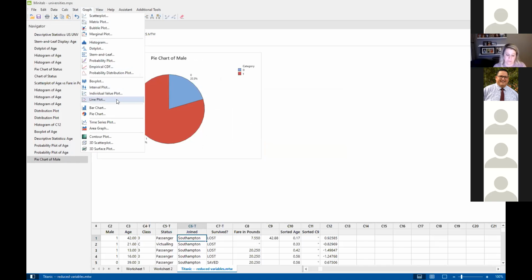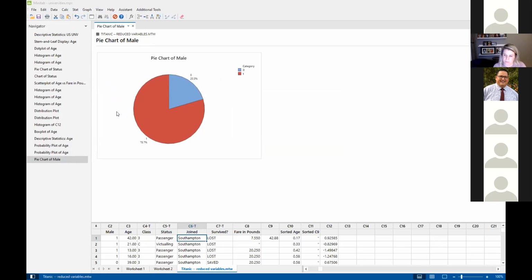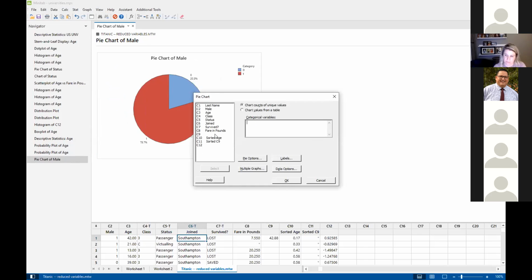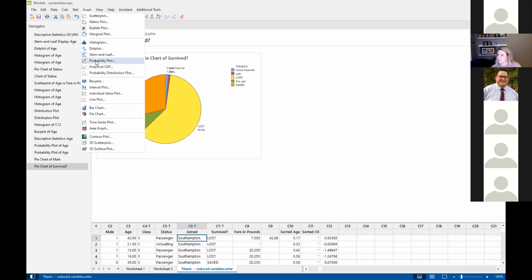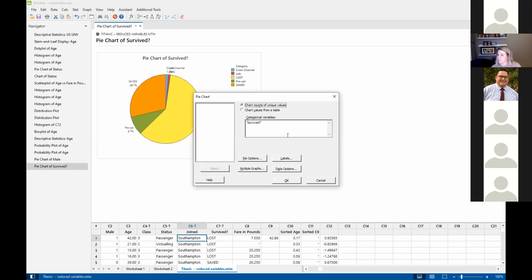So go under Graph, pie chart, and I use joined, not joined, status, survived. This is the survived option. You have the percentage of saved people, 28.7, but you just write 28.70. I asked similar questions, for example, about Southampton.